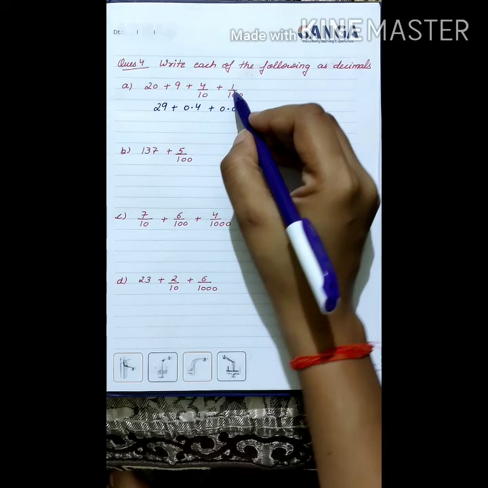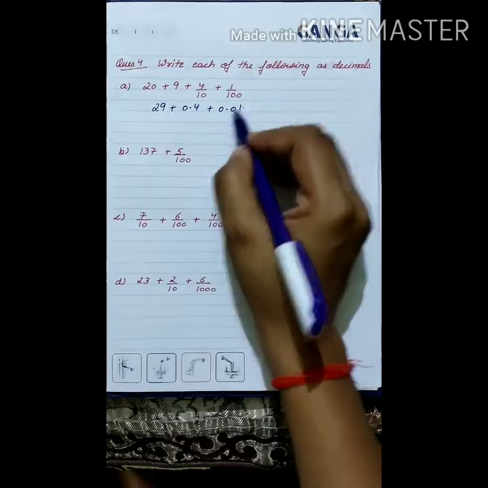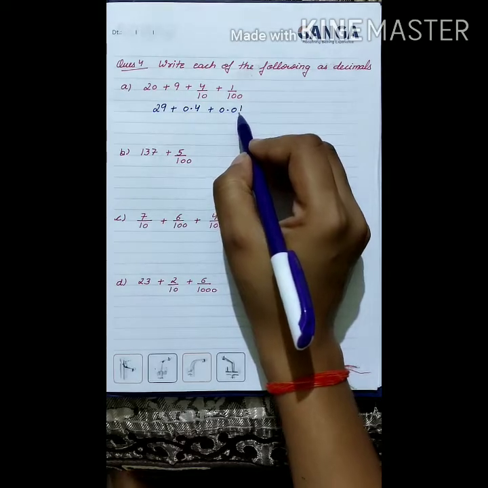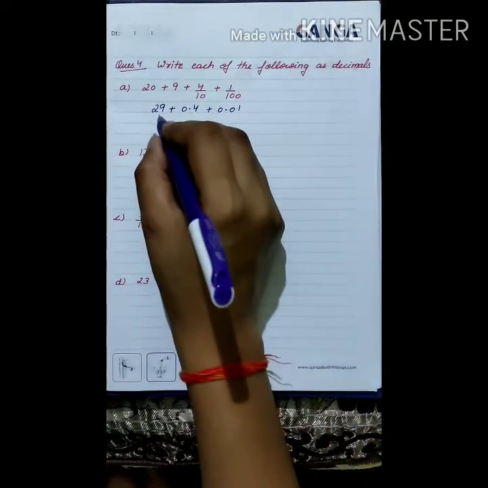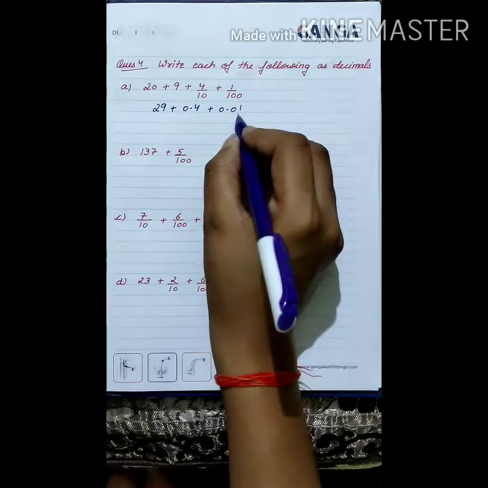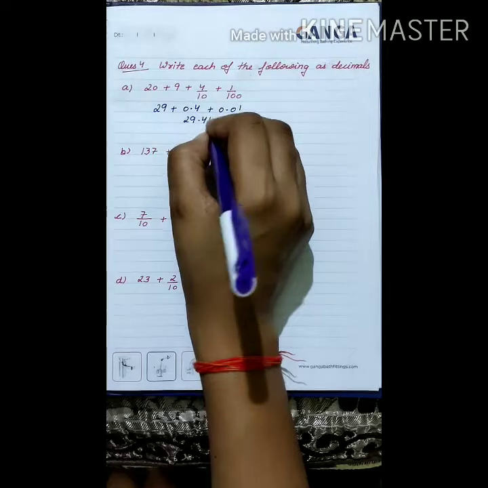Here we have only one digit in the numerator and in the denominator we have 2 zeros. So firstly we form two digits by adding 0 before the 1. Now 29 plus 0.4 plus 0.01 is equal to 29.41.